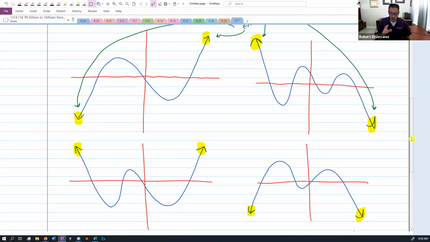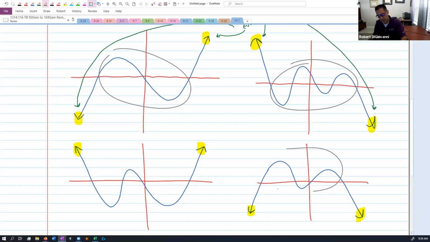Our goal is going to be to figure out what the wiggling thing in the middle looks like. The end behavior, once I show you, is going to be easy for us to determine. It'll be easy to figure out if both sides go up or down, or the left side's down or up. The hard part is going to be figuring out what the middle of this thing looks like.